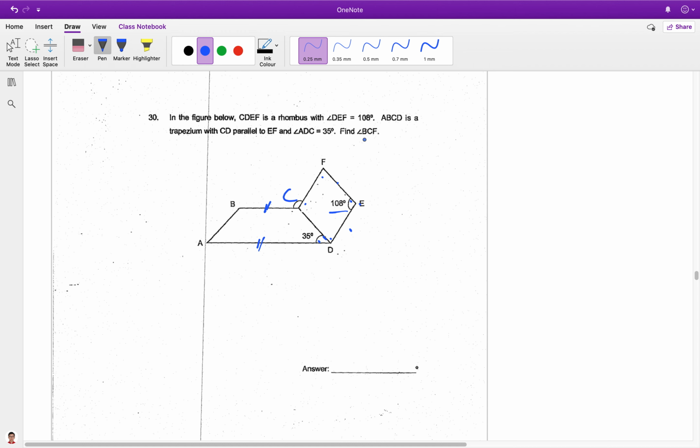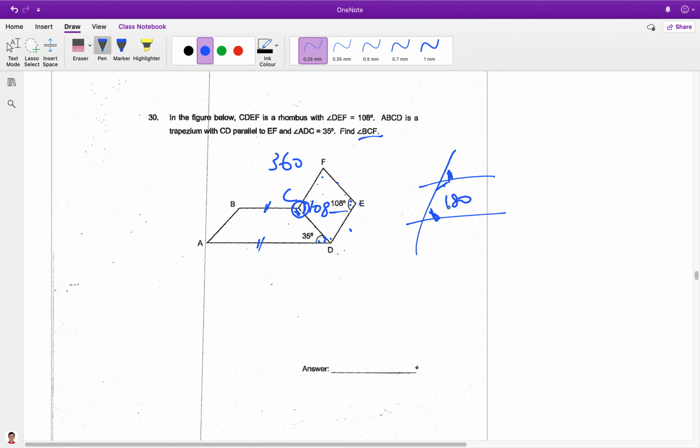So for this one, we want to find angle BCF. What can we do? One way is that this circle is 360 degrees. If we know this one, then we can calculate this one. This one is opposite to the rhombus angle, so it is 108. And how about this one? For the parallel lines, this angle equals this angle, while for the straight line, this angle plus this angle is 180.